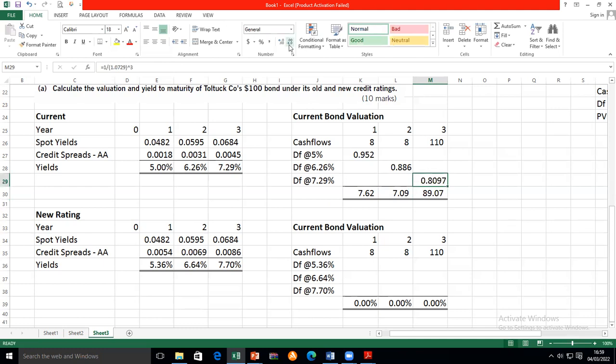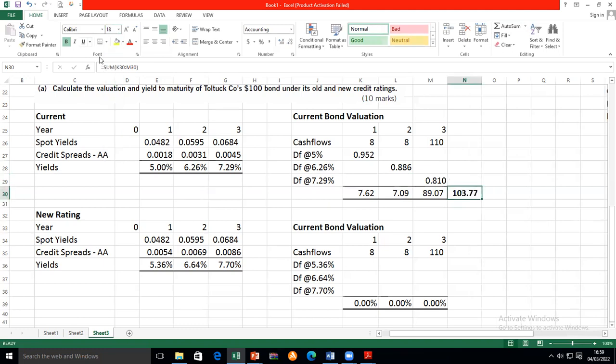I want somebody to help me confirm my values.